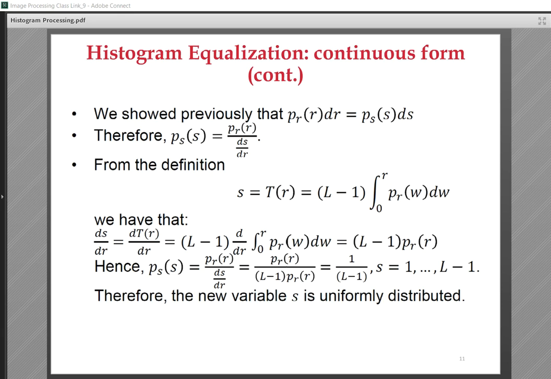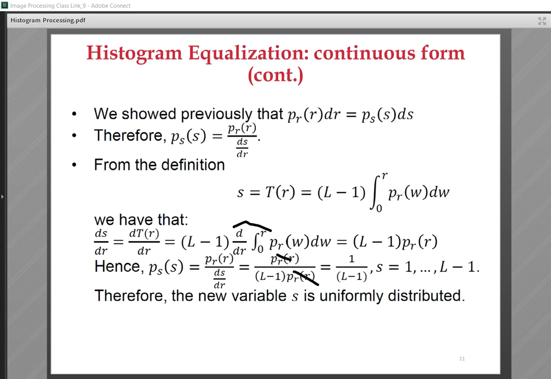But for ds over dr, ds is T(r), so d T(r) over dr. Substituting, this is (L-1) d/dr of the integral from 0 to r of p_r(w) dw. The derivative and the integral are inverse of each other. That means (L-1) p_r(r).